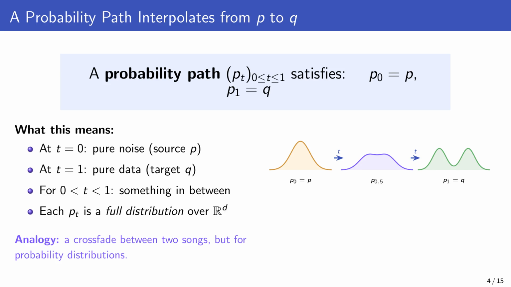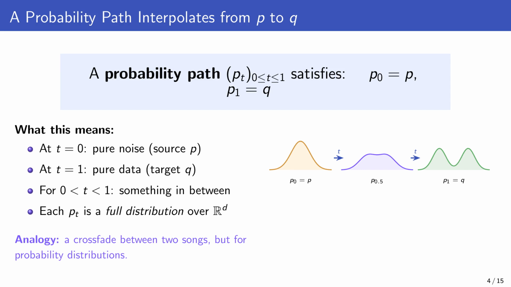Here's the central concept of today's lecture. The probability path. A probability path is a continuous family of distributions Pt parameterized by time t running from 0 to 1. At time 0, Pt equals P, the source distribution, our Gaussian noise. At time 1, Pt equals Q, the target distribution, our data.